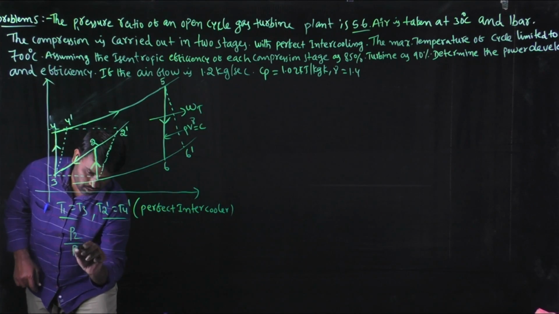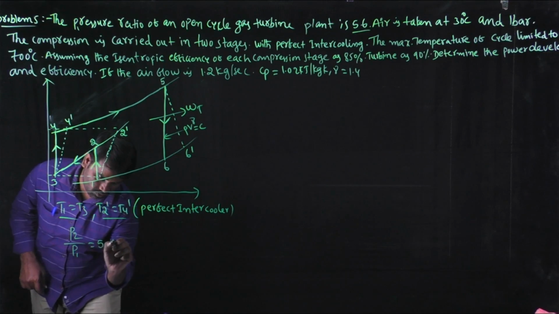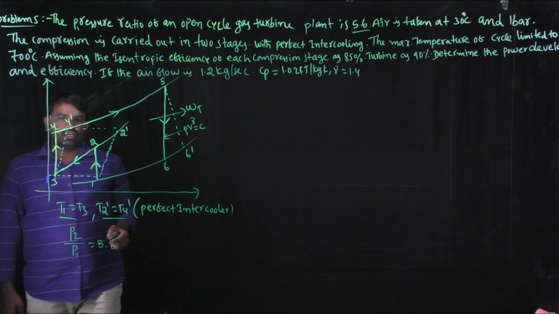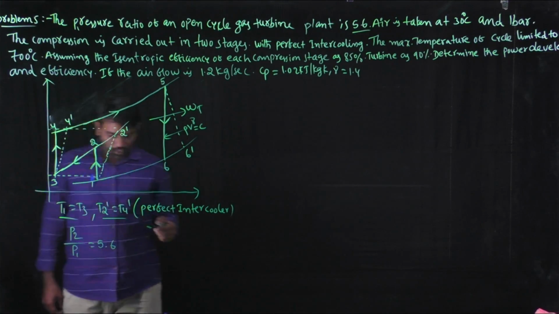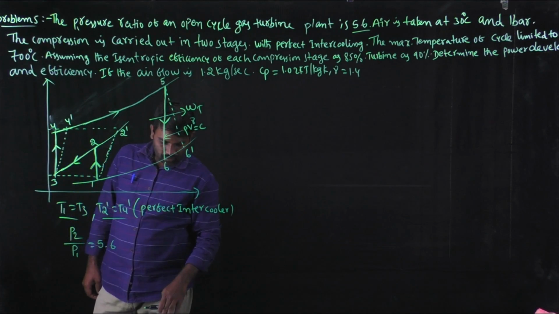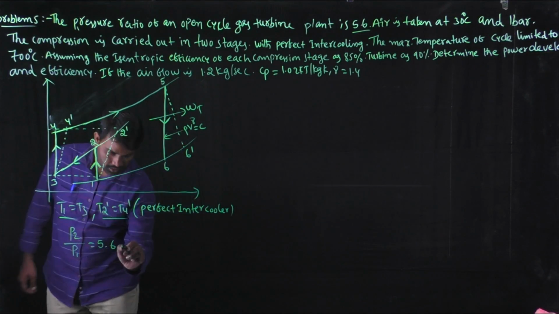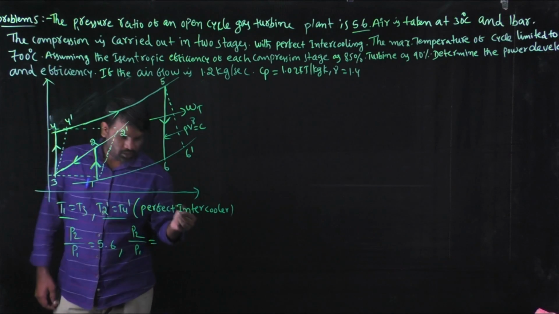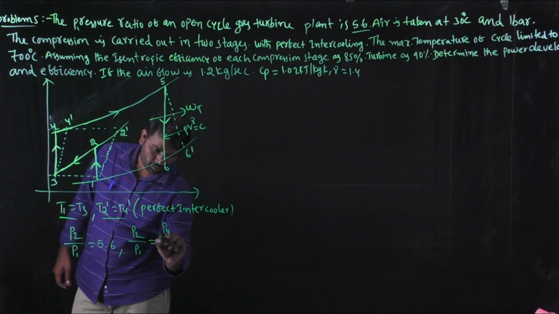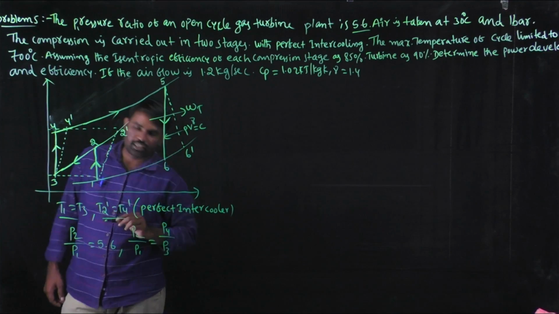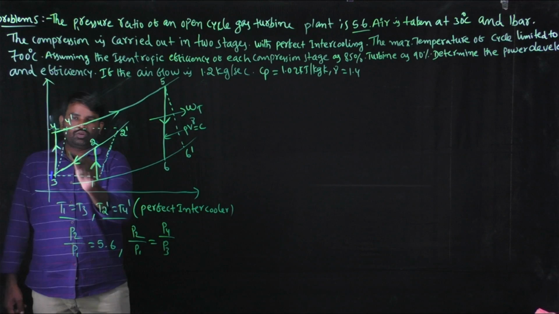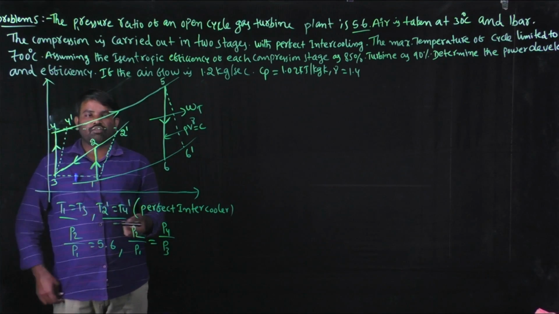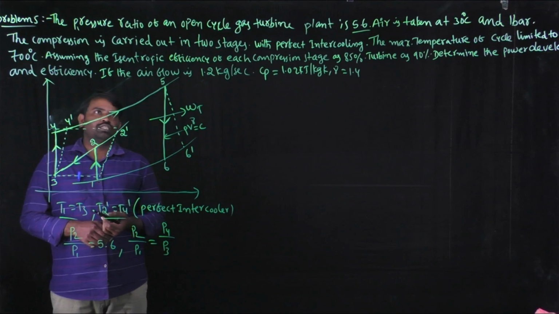P2 by P1 is equal to 5.6, and P2 is equal to P3. P4 by P3 we have to evaluate, and from the relation P2 by P1 is equal to P4 by P3. Why are we using this relation? Because the two compression stages receive the same work input, as mentioned in the present problem.